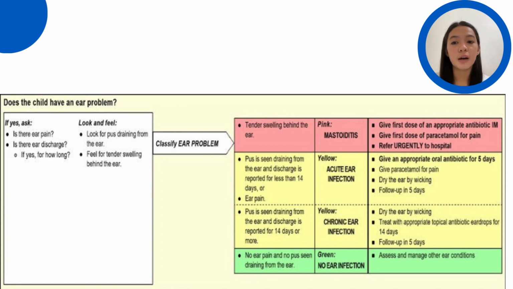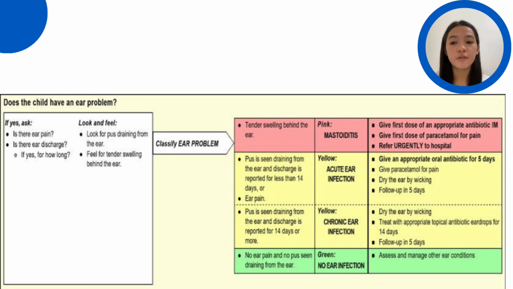If pus is seen draining from the ear and discharge is reported for 14 days or more, it classifies as yellow. It means there is a chronic ear infection. The treatment for this is dry the ear by wicking, treat with appropriate topical antibiotic ear drops for 14 days, and then follow up in 5 days.